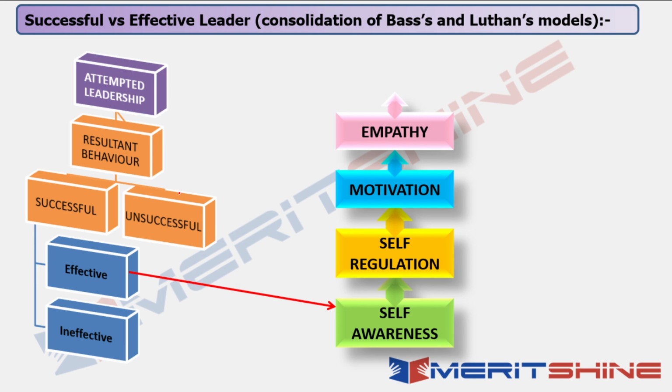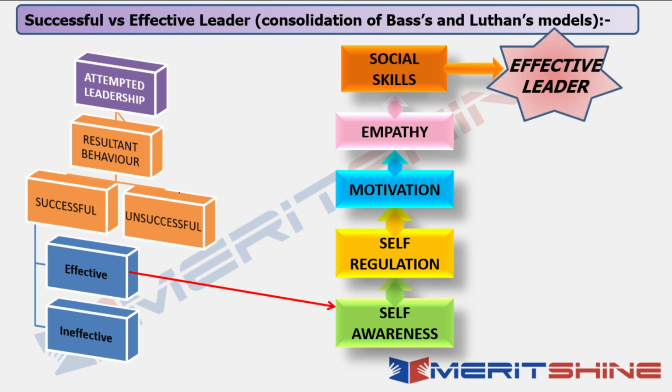Now, this is very important. According to Goleman's EQ model, it's very important for empathy to be there, because he does not believe in sympathy. He does not see the leader as a parent who should provide sympathy to his employees. No, he sees the leader as an equal who should provide empathy to his employees. And from that come the social skills, from that comes his resultant behavior, which leads to effective leadership.